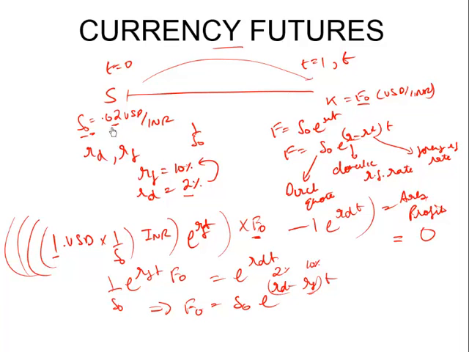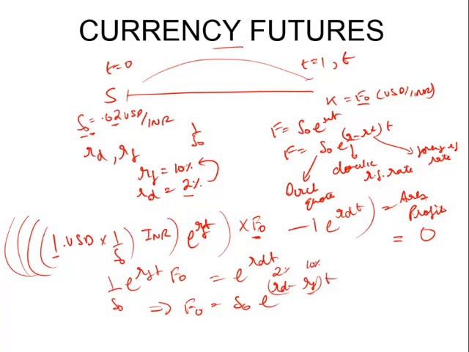So what was 0.02 USD per INR would probably be 0.019 USD per INR, or the rupee will depreciate such that when you try to exploit this arbitrage, you may earn 10% in India, but when you repatriate it back, it would have been lost to the extent of 8%, such that you eventually make only 2%, which you could have anyway made in the US as well, and there will be no arbitrage profit.